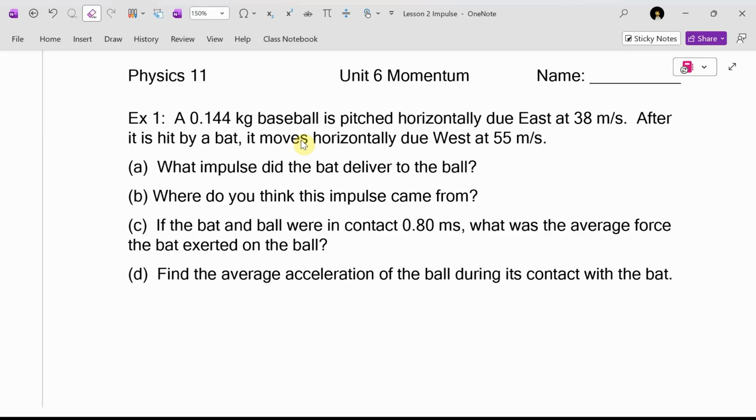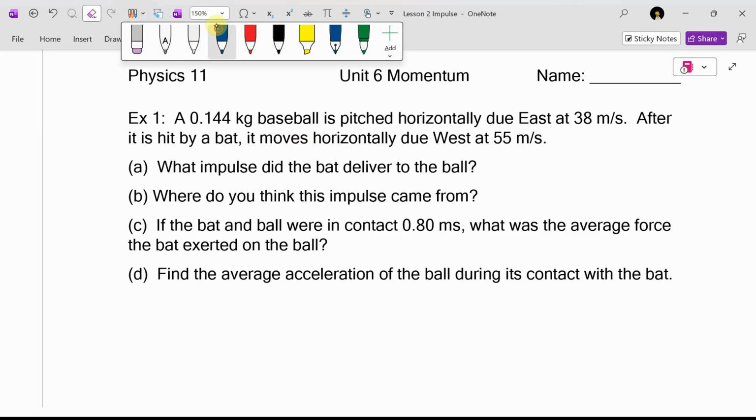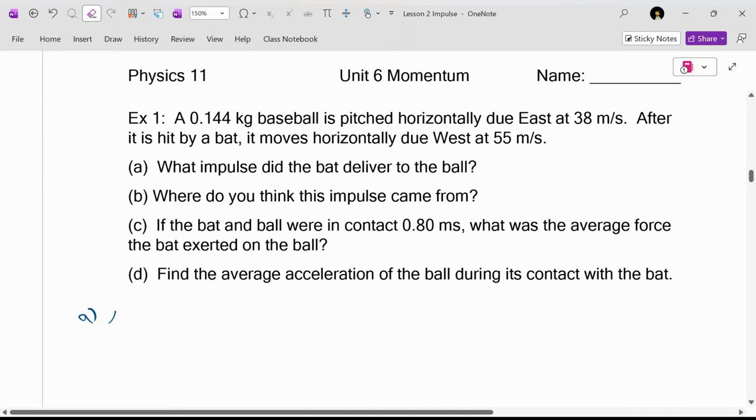Nikki, what is A asking me to find? So the first thing that I would write is my abbreviation for impulse, which is change in momentum. And all of us are looking at that second equation on our formula sheet, that three equations in one. And we're going to try and figure out what we're going to use.